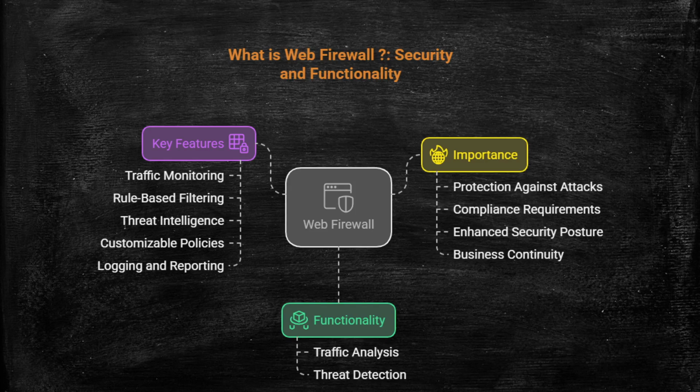A network firewall will have the blockage at the network level, but this web firewall controls all your HTTP traffic. It monitors, it filters out, it safeguards your web application from common vulnerabilities such as SQL injection, cross-site scripting, and there are so many common threats.